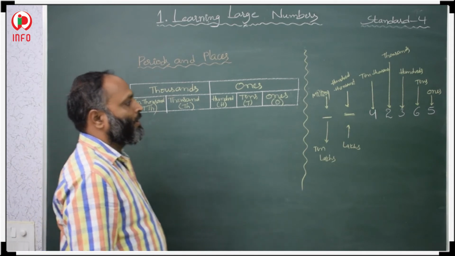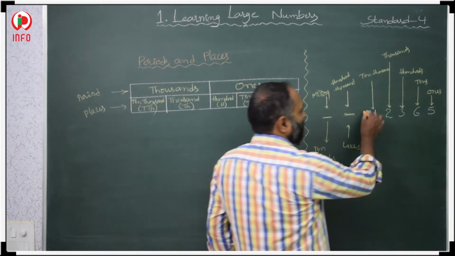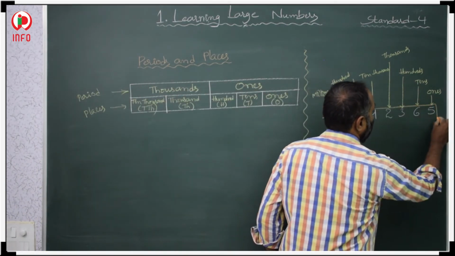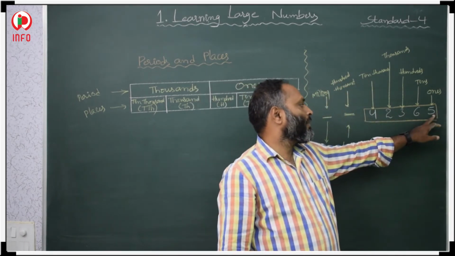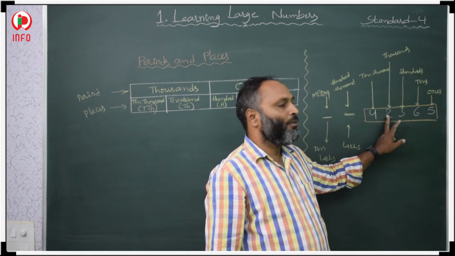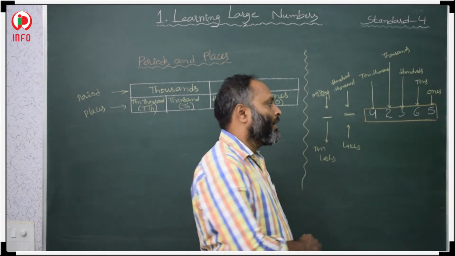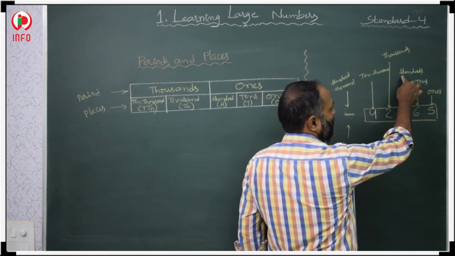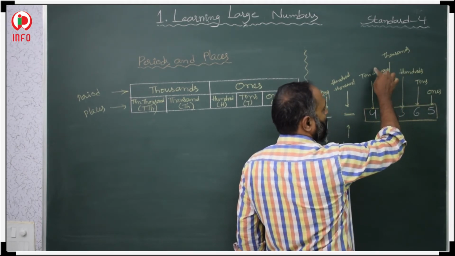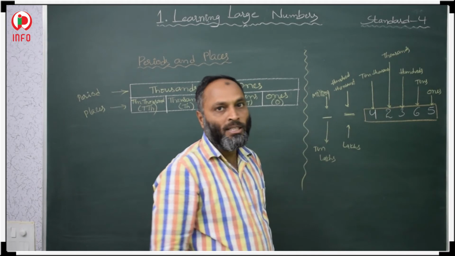Then after that we are going to discuss this number. How many places do we have here? 1, 2, 3, 4, 5. We have 5 places. This is the ones place, this is the tens place, this is the hundreds place, this is the thousands place, and this is the 10,000s place.